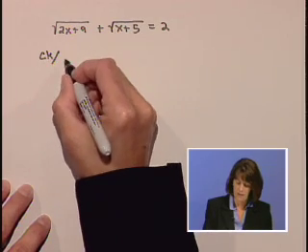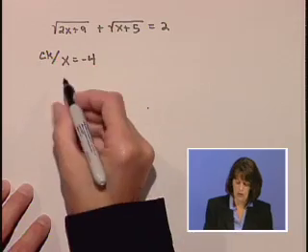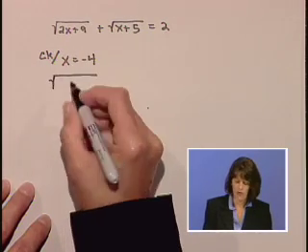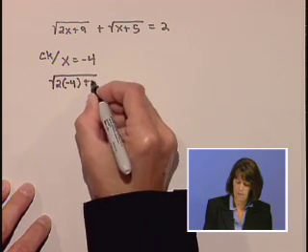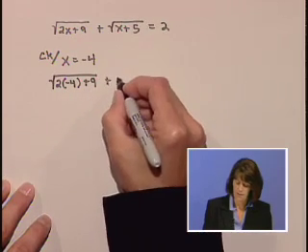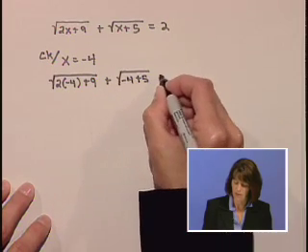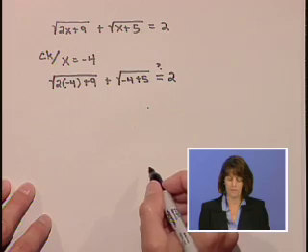As we check x equal negative 4, we'll plug in everywhere that we see x. So under this first radical, we have the square root of 2 times negative 4 plus 9 plus the square root of negative 4 plus 5. Is that going to give us 2?